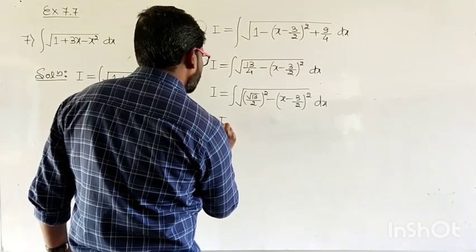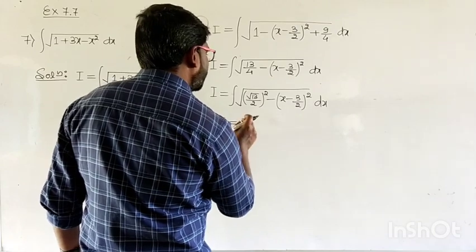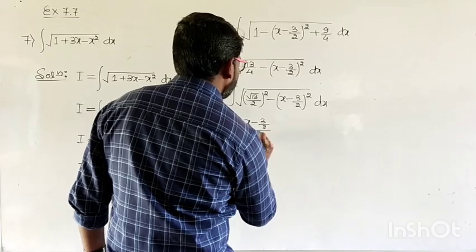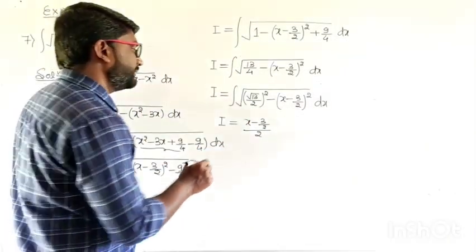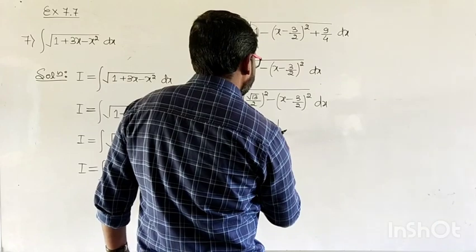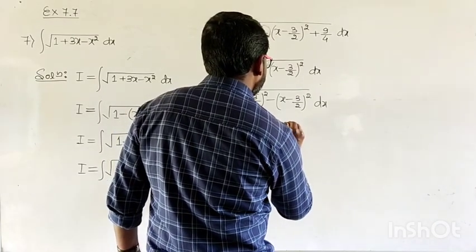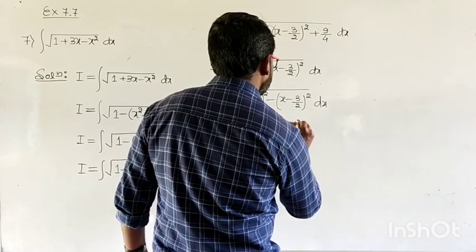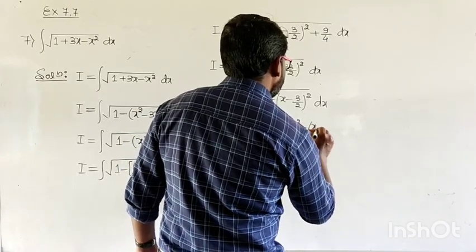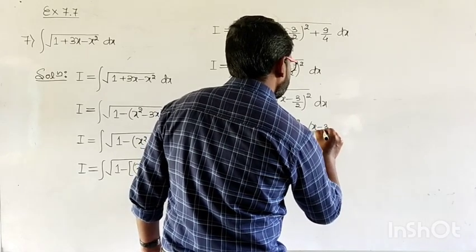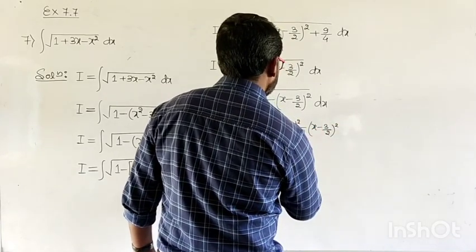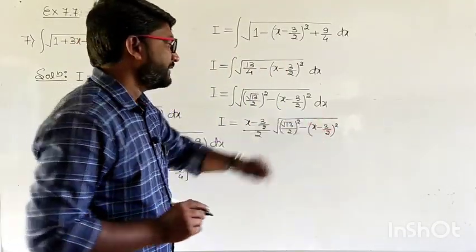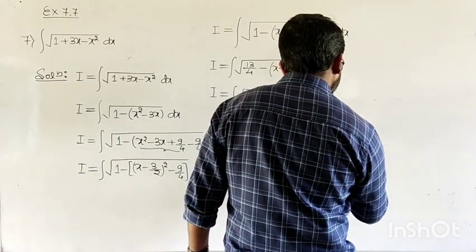So I is equal to x by 2, that is (x minus 3 by 2) whole divided by 2, times under root a square minus x square, that is root of (root 13 divided by 2) the square minus (x minus 3 by 2) the whole square, plus a square by 2.